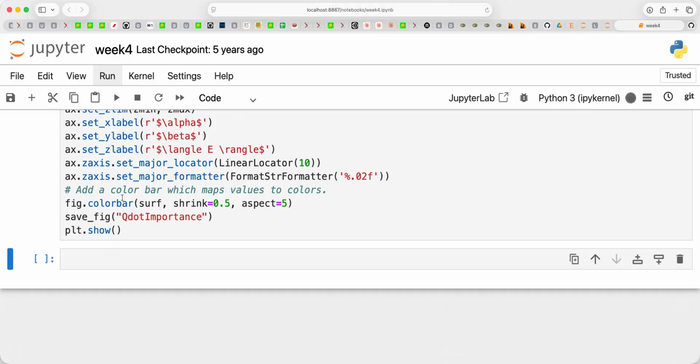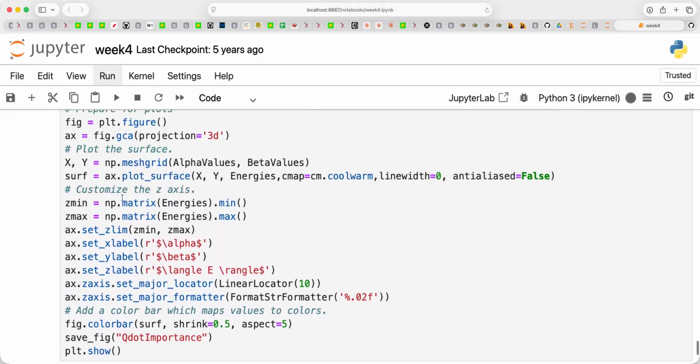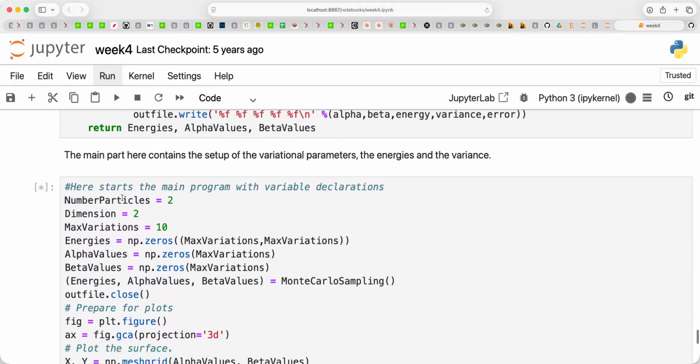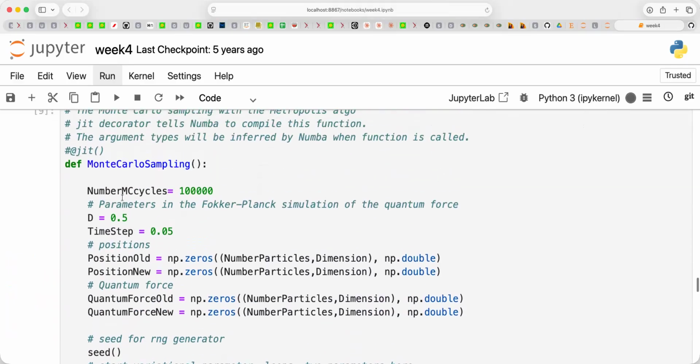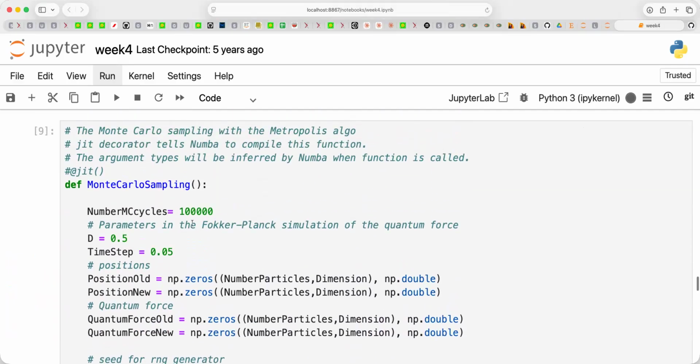So you see that this one is not very efficient. And it's going to beg for a way to find the optimal parameters, because if you look at the code here, I'm actually running with 100,000 Monte Carlo cycles. And I do this 100 times.